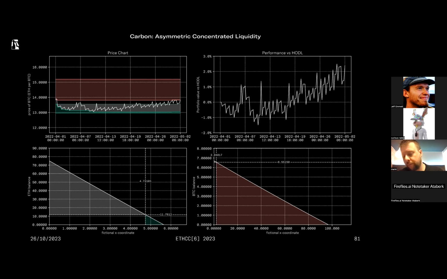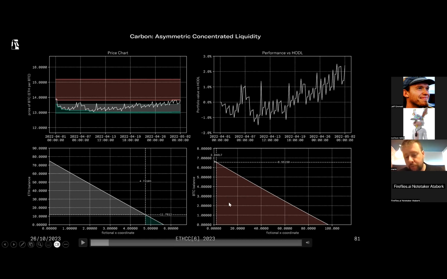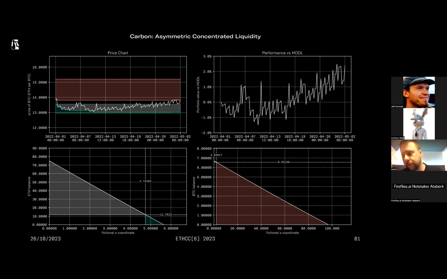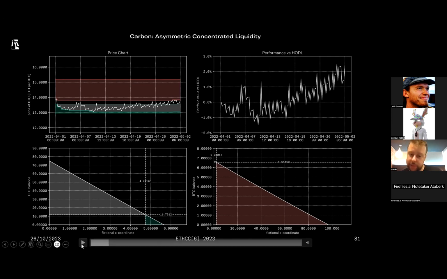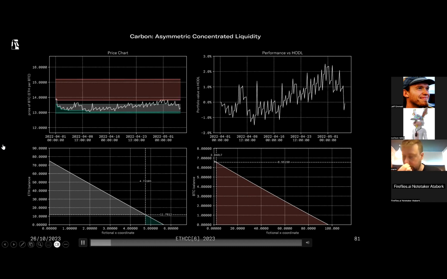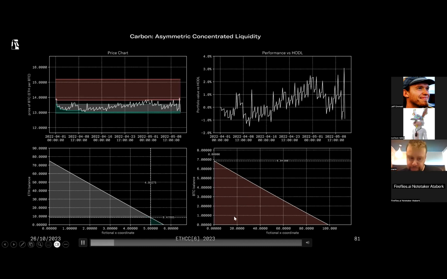So the x-axis in both of these animations is just the shadow of that integration. It's not a token balance. And this is the first example in DeFi of a bonding curve being constructed this way.